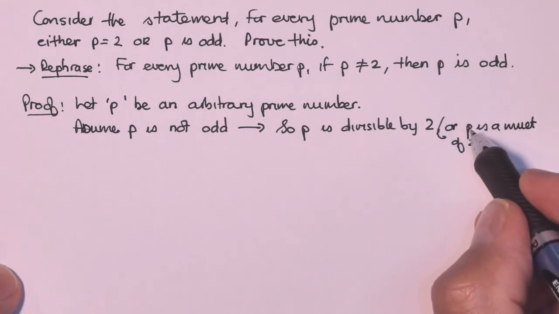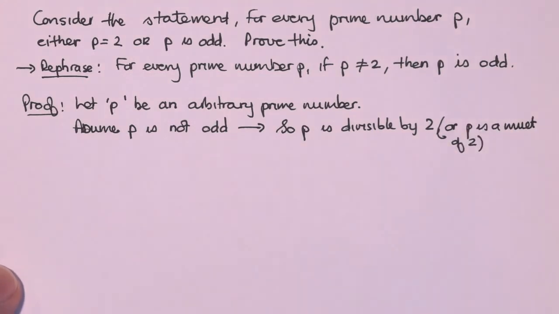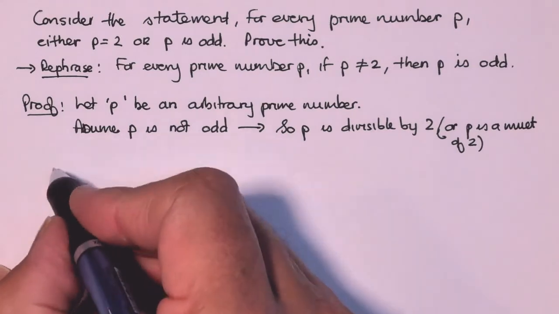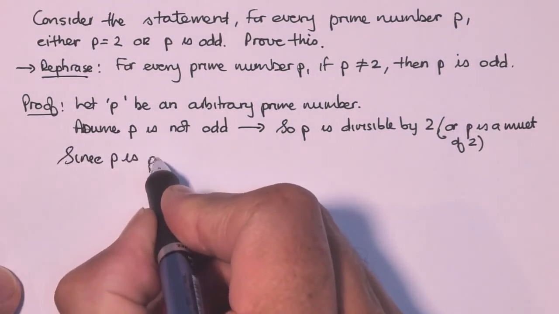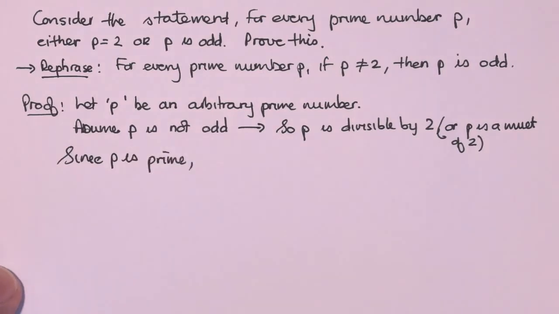Same thing. Okay. So p is prime. Since p is prime, it must have exactly 2 divisors. It has 2 as a divisor and obviously 1.